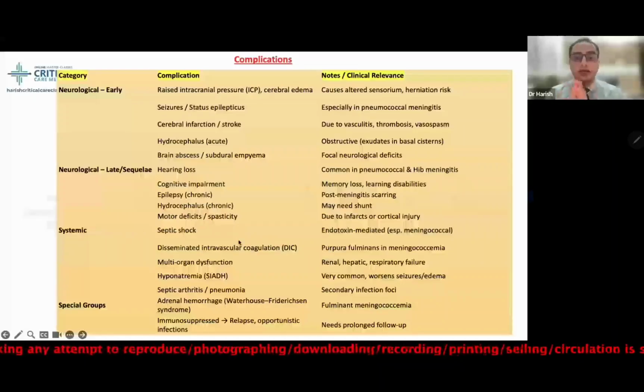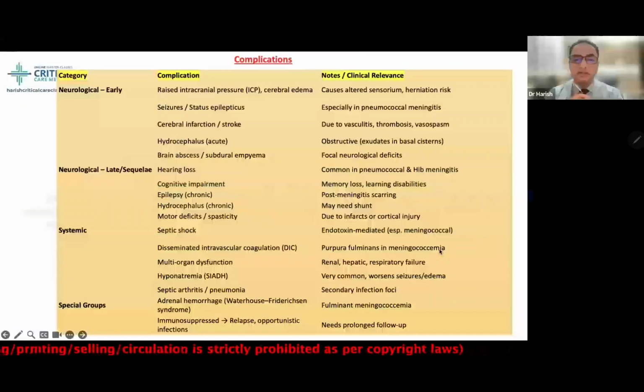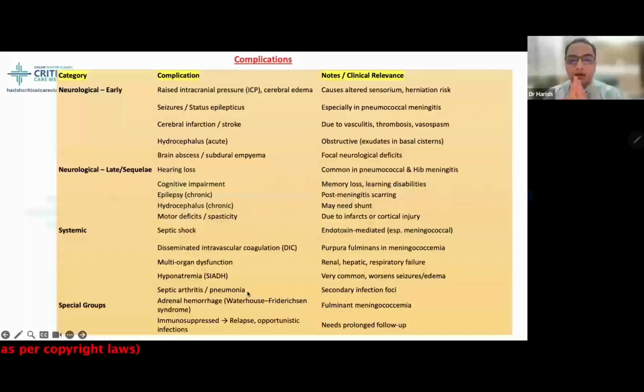They can have disseminated intravascular coagulopathy, particularly purpura fulminans in meningococcal meningitis, that is Neisseria meningitidis, because of endotoxin secretion from meningococcal species. They can have multi-organ dysfunction, hyponatremia, that is SIADH, which is more common, septic arthritis, and pneumonia as a secondary focus.